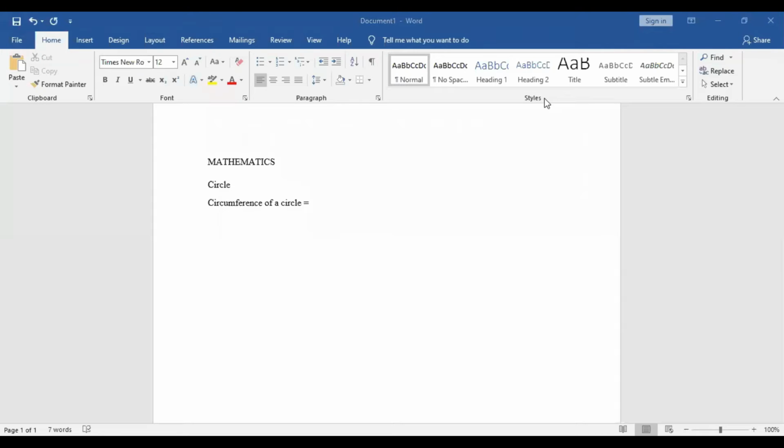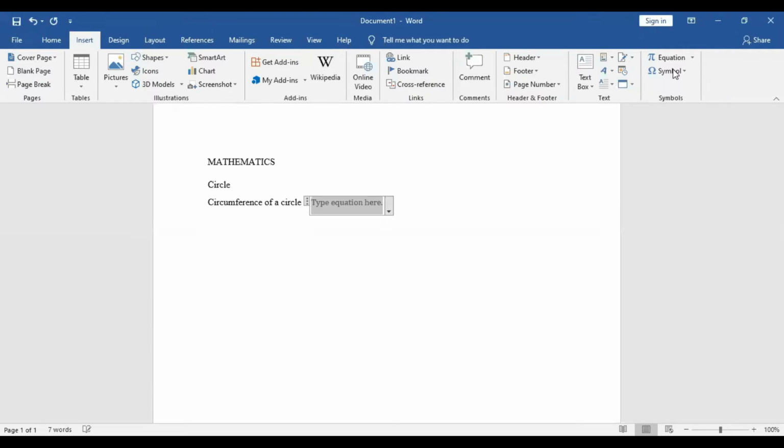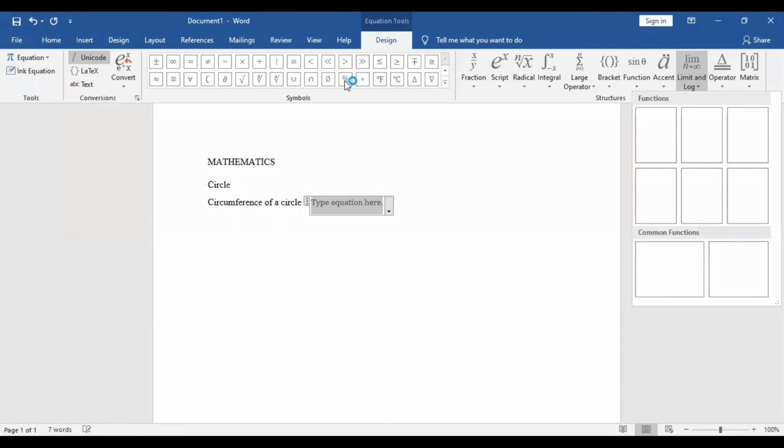What's the formula to find circumference of a circle? Pi d, or 2 pi r. All right, that's absolutely correct. Very good. What if we have to find the area of a circle?